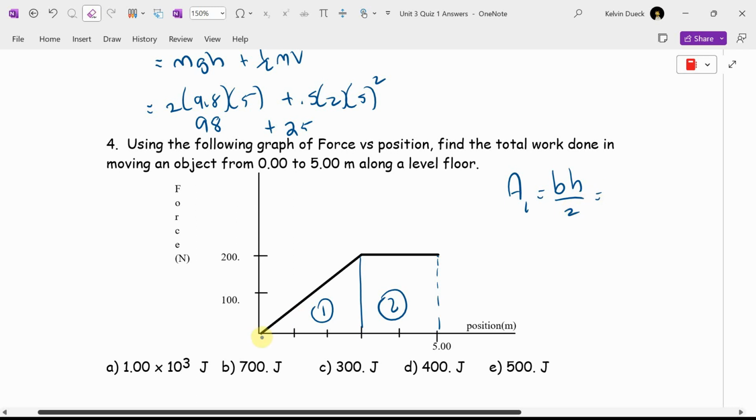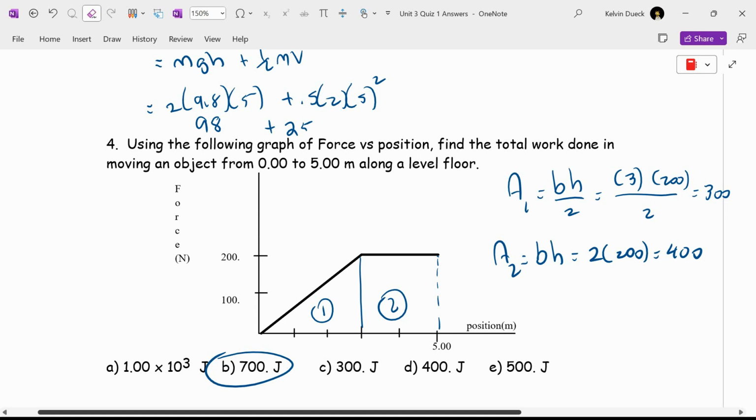Looks like the base is 3. Looks like the height is 200, divided by 2, and that works out to 300. Area 2, that's just going to be base times height, or length times width. Looks like the base is 2. The height is still 200. That works out to 400. I'm pretty sure we did 700 joules of work.